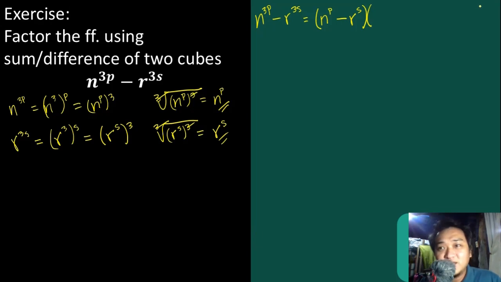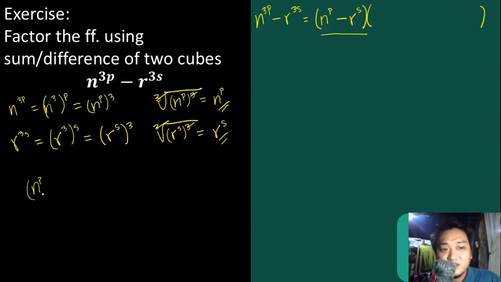Yung pinaka-trinomial naman natin, subukan natin. Again, tatakpan uli natin yung original problem, and we will focus more on the binomial. We are going to use the square product square. So what will be the square of n raised to p?